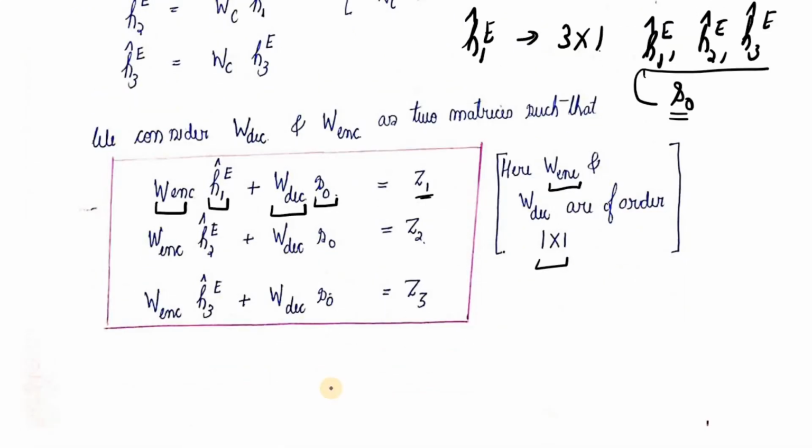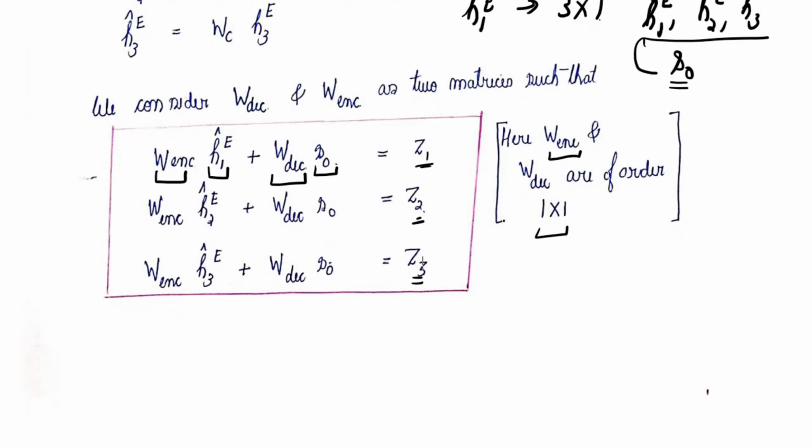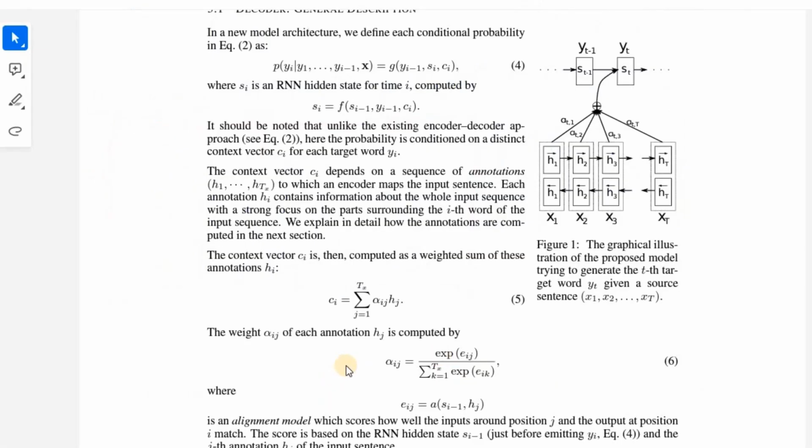Now, since we have found the values of Z1, Z2, and Z3 over here, we will proceed with one of the important steps as mentioned in the paper, which is finding the values of alpha i's and eij's. So over here in the paper as well, they considered the hidden states in the encoder, and based on the different hidden states, they assigned a preferential weightage to put as an input to the decoder step.